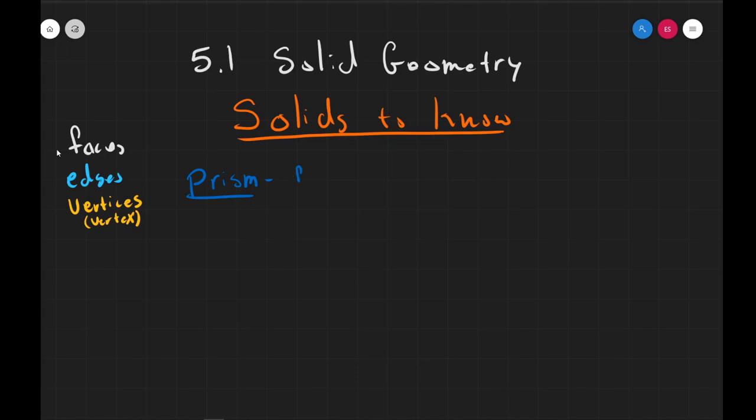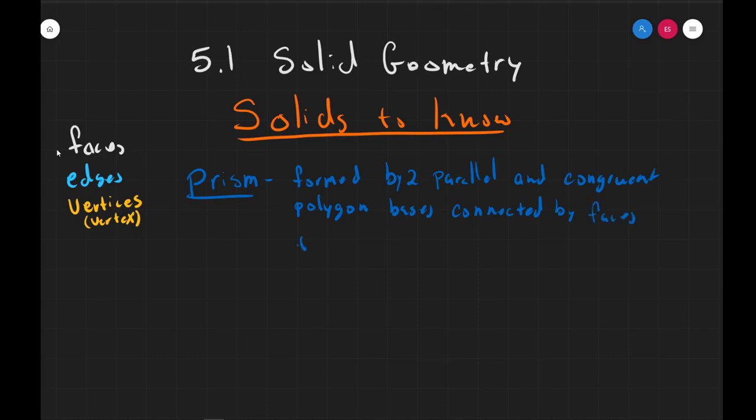So a prism is formed by two parallel and congruent polygon bases, connected by faces that are parallelograms. Okay, so this is our formal math definition.